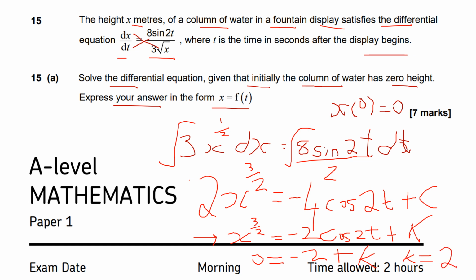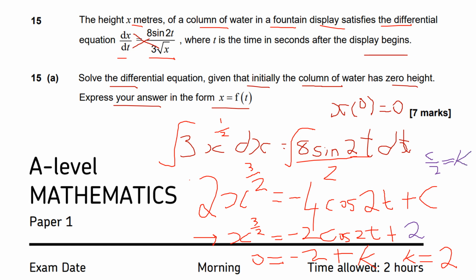So I can replace this with 2. Remember, c over 2 is equal to k. If k equals 2, then c would equal 4. Same idea.